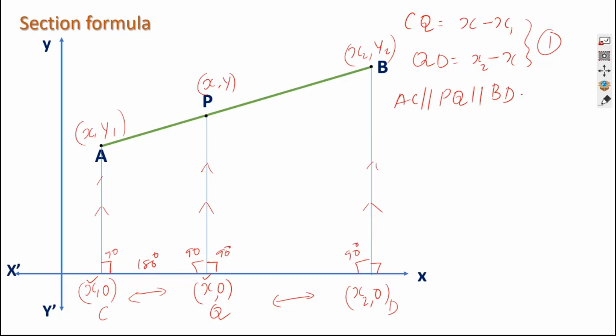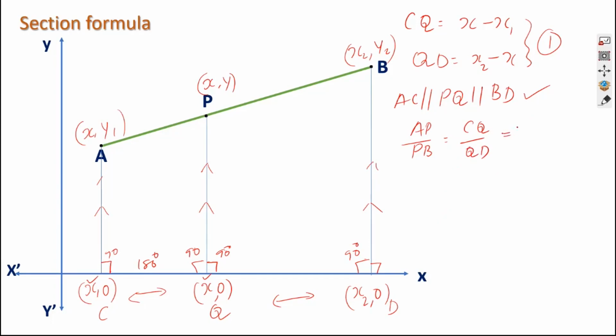So there is no problem in writing this. We can also write that AP upon PB will have the same proportion as CQ upon QD.